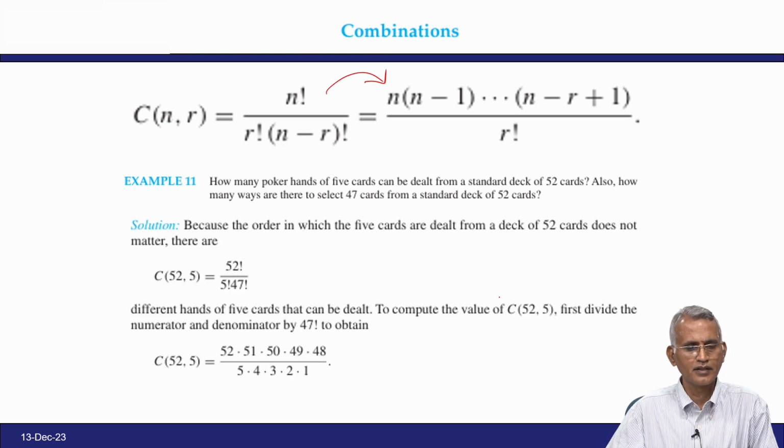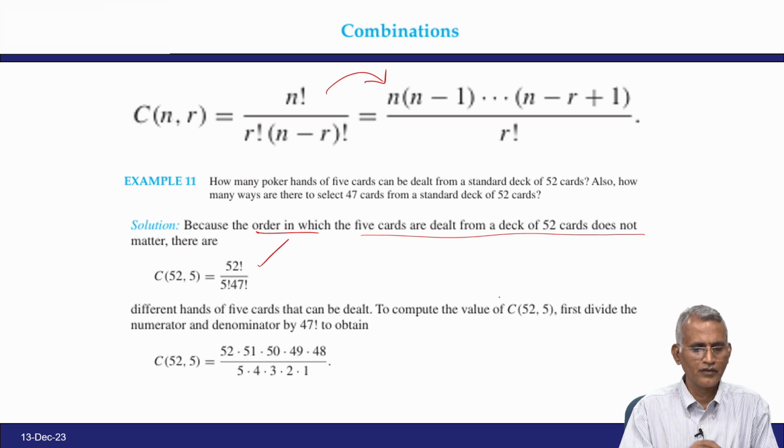The solution is: because the order in which 5 cards are dealt from a deck of 52 cards does not matter, there are 52C5, which is equal to 52 factorial by 5 factorial into 47 factorial, different hands of 5 cards that can be dealt.